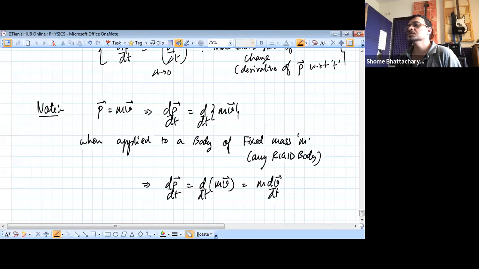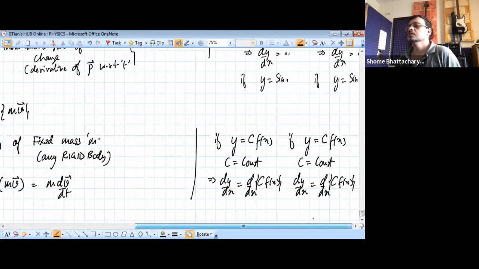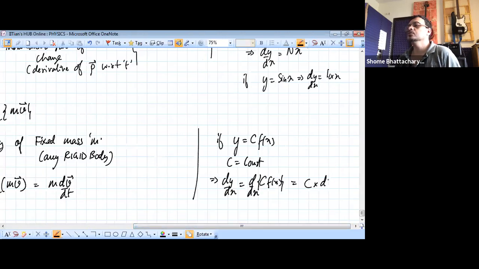This is coming from the step that if y is equal to some constant into a function, let c be a constant, then dy by dx, the differentiation of the constant into the function, becomes the constant into the differentiation of that function. It becomes c into f prime x. So this is coming from that principle in calculus.